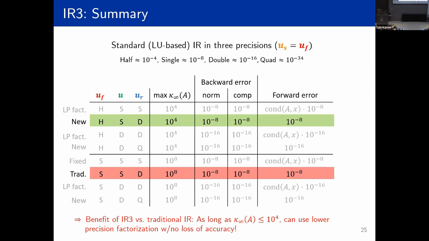They're all guaranteed to the working precision, but if my condition number is 10 to the 4 or less, that means I can use half precision safely for the factorization with no consequences. I don't notice it at all, as long as my condition number meets that bound. So I don't lose any accuracy.